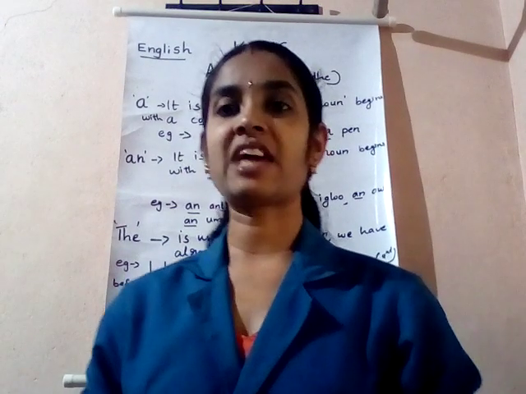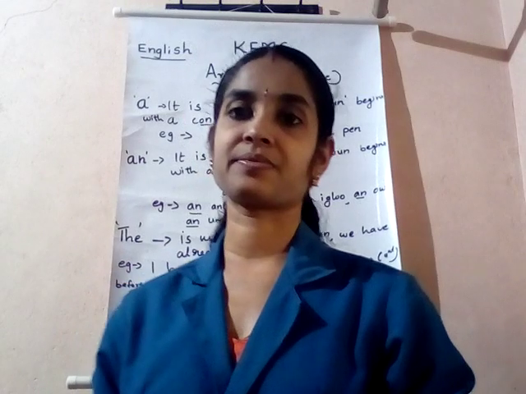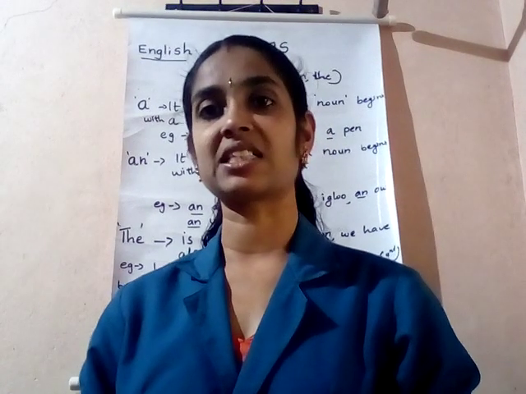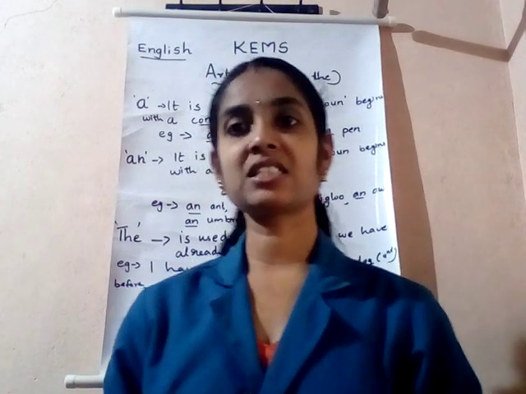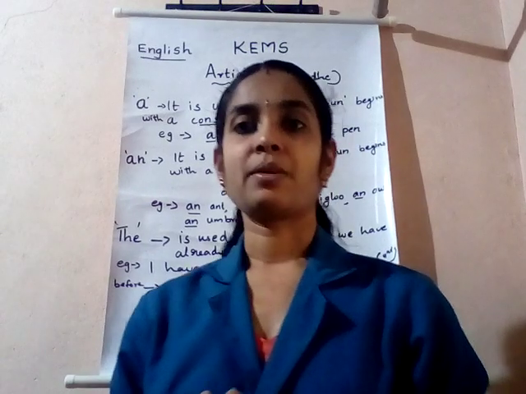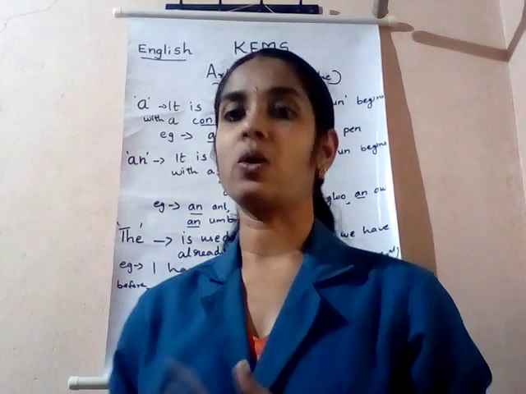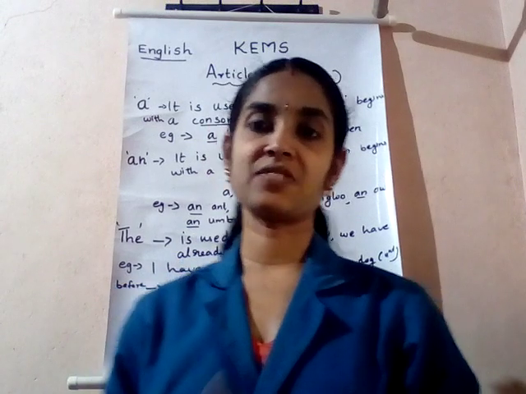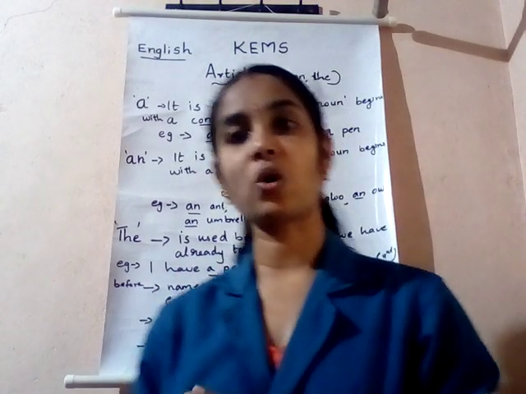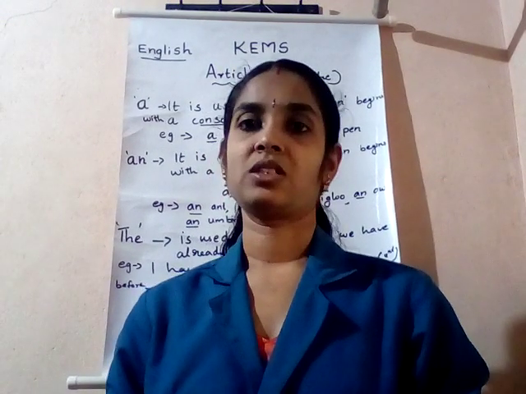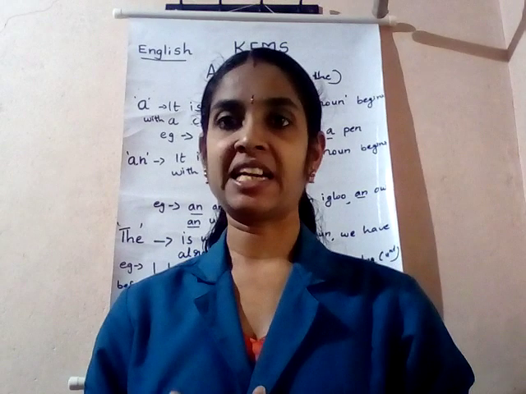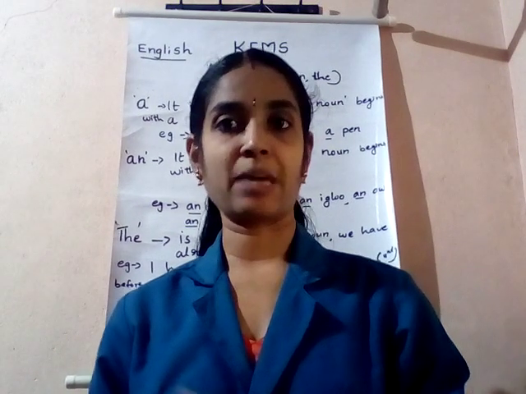Then how can we use the articles? Where do we have to use the articles? We have to use an article before a noun. So what's a noun? We studied that nouns are naming words.